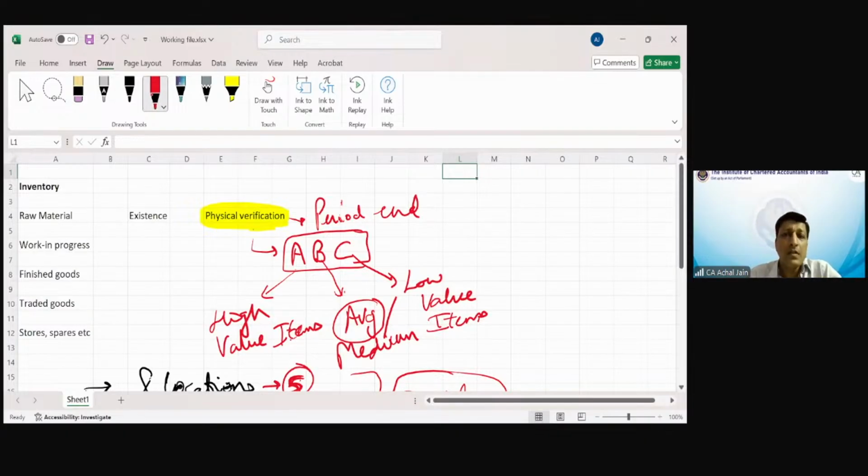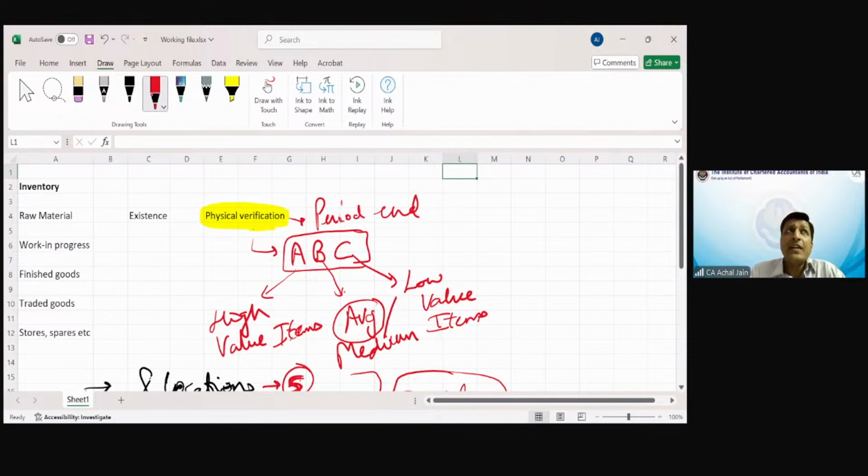Management is also required to do it. And management will not pick up this approach of only doing selected items. Management will do the physical verification of the entire inventory. Why? Because for them, control over the inventory is required to be established. So they will have to plan this in a way that the entire stock gets covered.